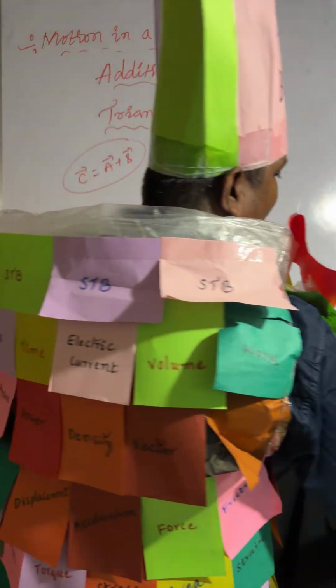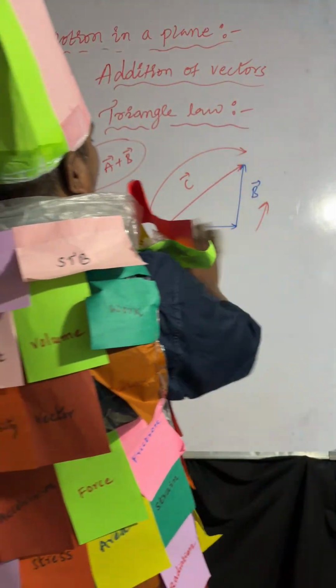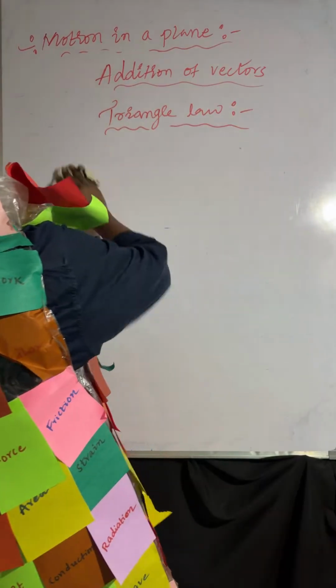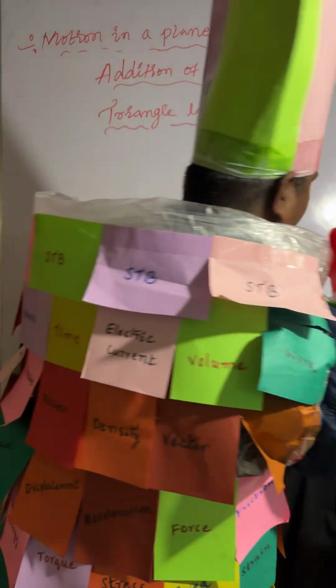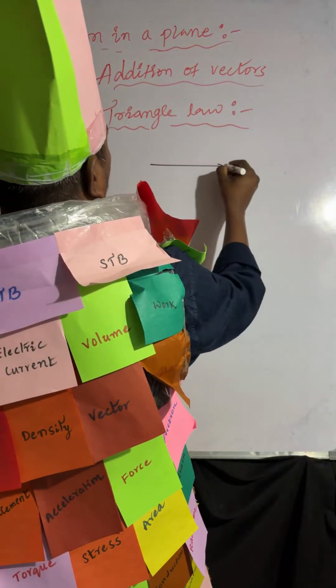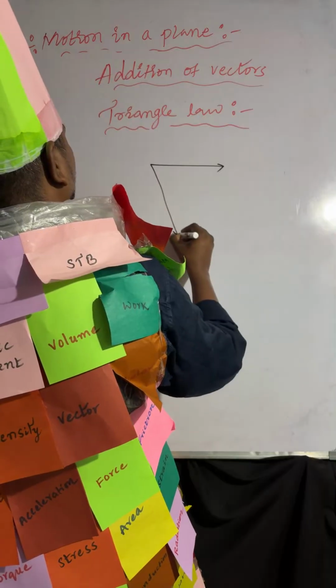Okay, so next one. We'll discuss one more. You can see here, I'm taking it like this. This is one vector and this is one more vector.